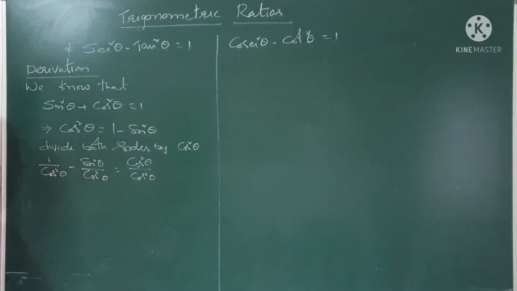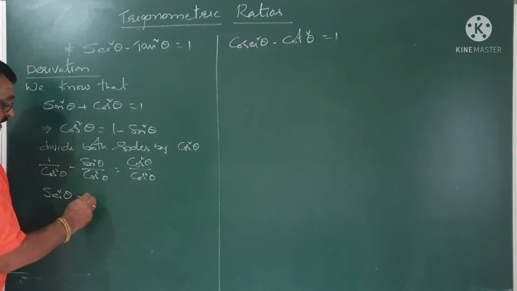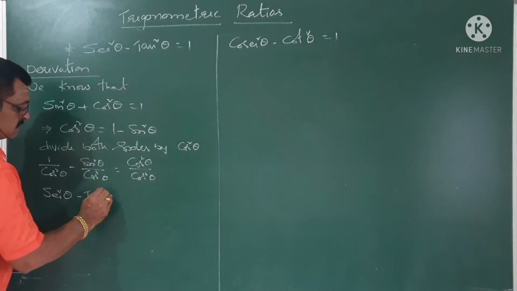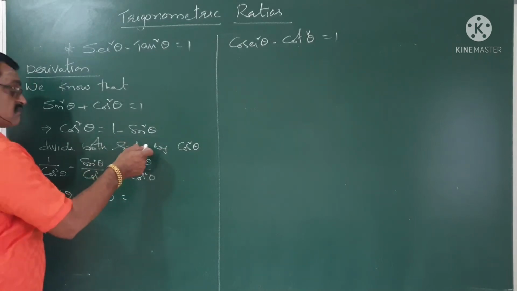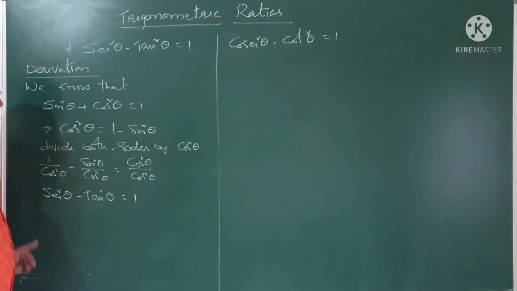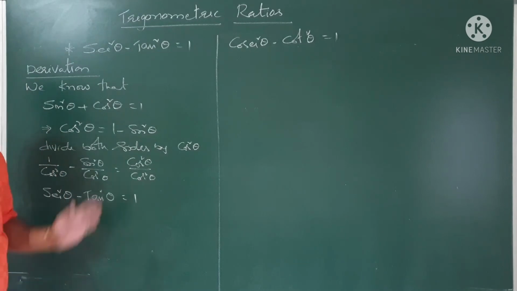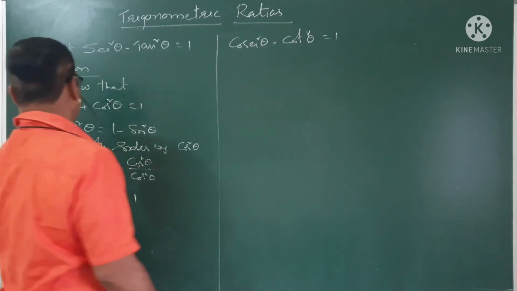So 1 upon cos square, the reciprocal of cos is nothing but secant theta. Therefore, it will become secant square theta, and sin by cos is tan, so minus tan square theta is equal to cos square by cos square, which is equal to 1. Hence, come to this one.